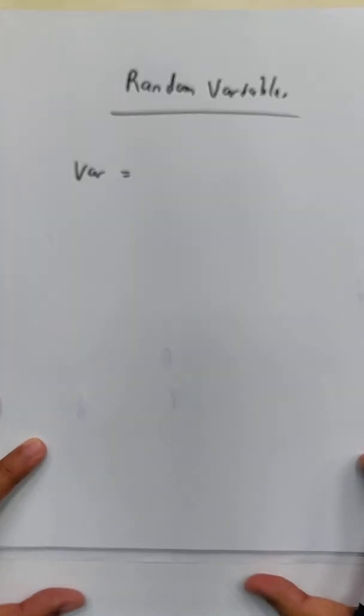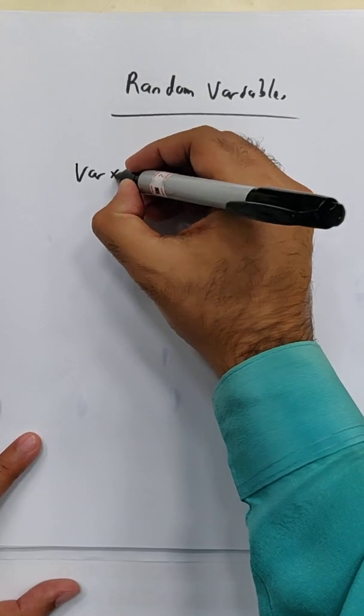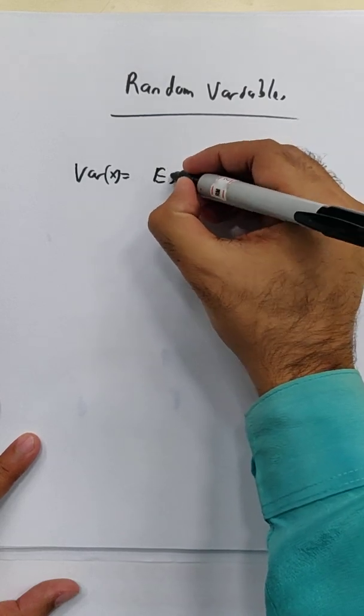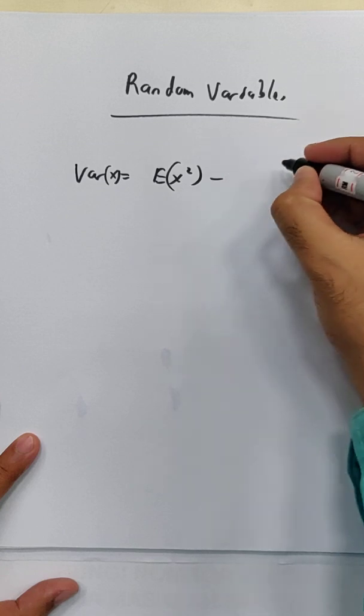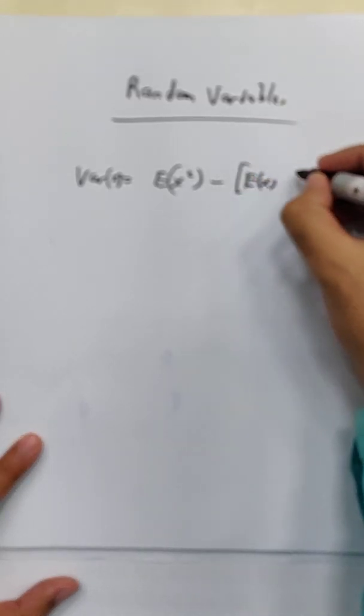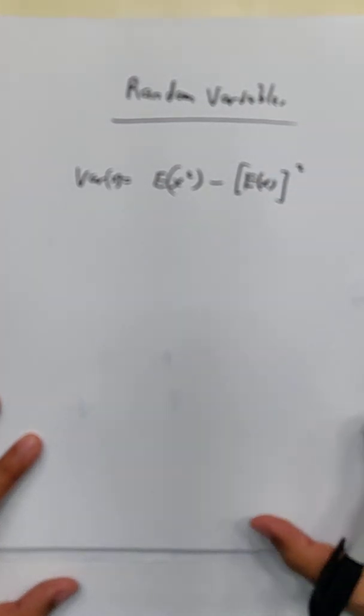What's the formula? It's E(X squared) minus (E(X)) squared.